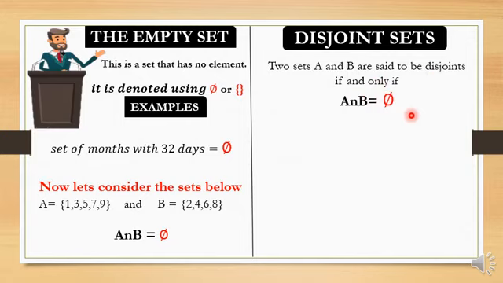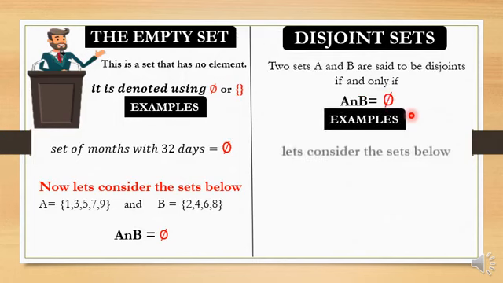So if you are to verify that two sets are disjoint, then you must verify the intersection of those two sets to make sure that it will give you an empty set. In case it gives you an empty set, then the sets are disjoint.